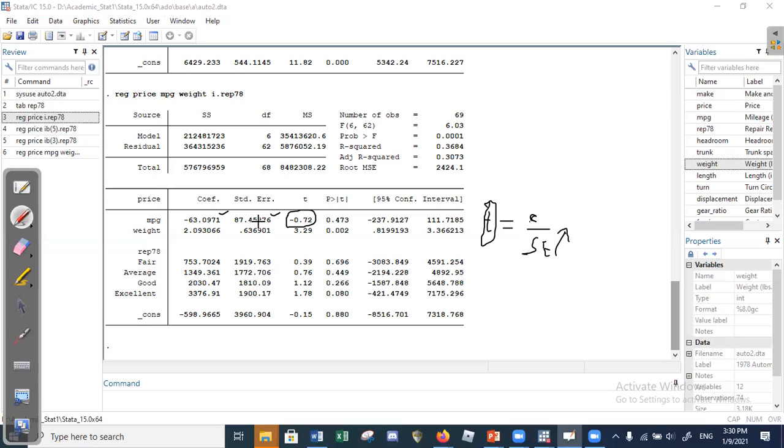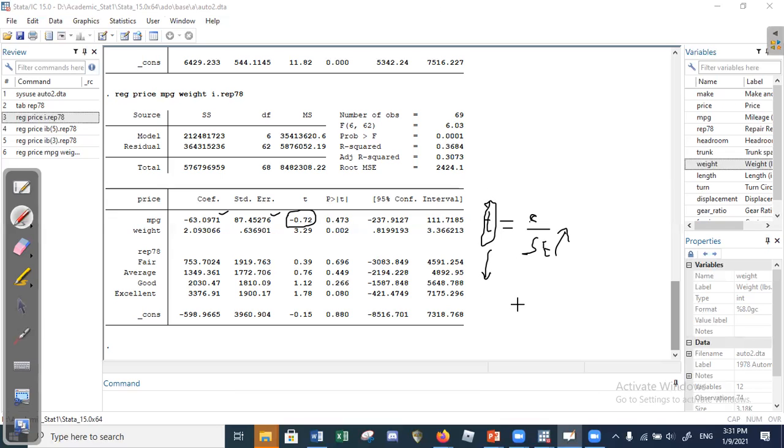So when this standard error increases, this T would come down, right? So there is an inverse relationship between T and the standard error of the OLS estimator. The larger the standard error, the smaller would be T.